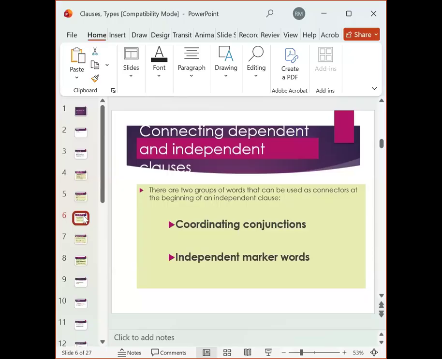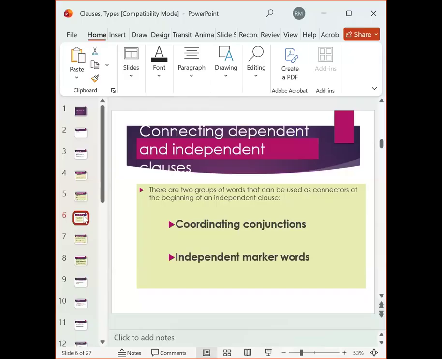Remember, we've seen examples of dependent markers. Now, we are looking at examples of conjunctions that can combine two or more independent clauses. And such types of sentences are called compound sentences. And when we look at sentence types, we'll see that too. But just so you know, these coordinating conjunctions are not dependent markers.